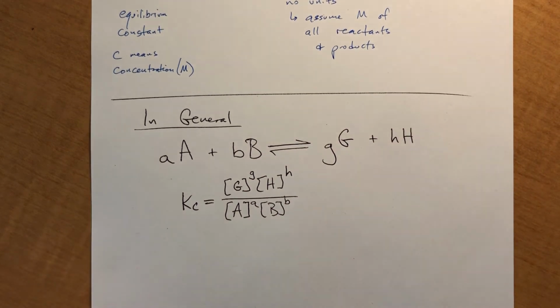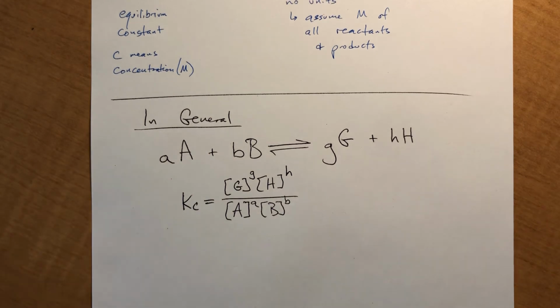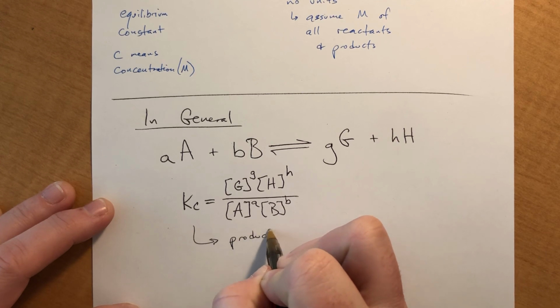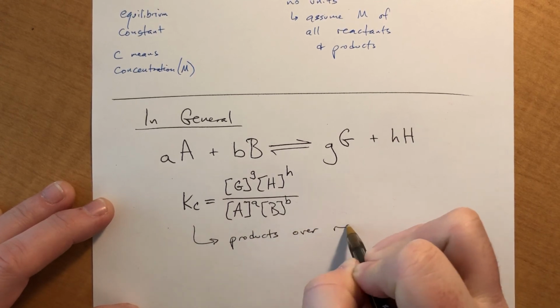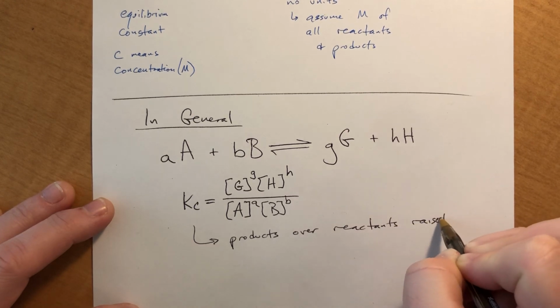Okay, so unlike the rate law stuff, we don't actually have to have experimental data to get the generic version of this. So in terms of how to interpret this, it's always products over reactants raised to their coefficients.